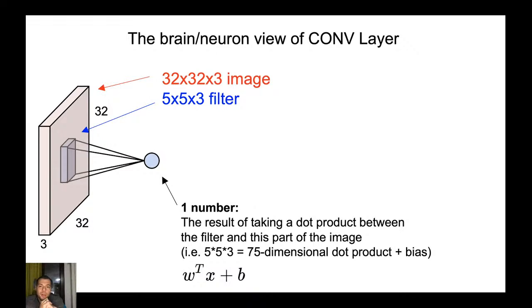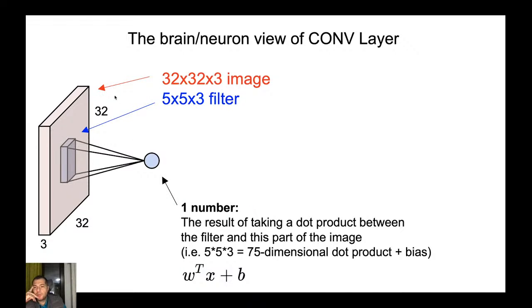But yeah, there is also a connection with the neurons in the brain. So we can interpret this filter as a neuron that has local connections. So the neuron is only connected to this. So this can be seen as the output from a previous layer. So every number is an output.